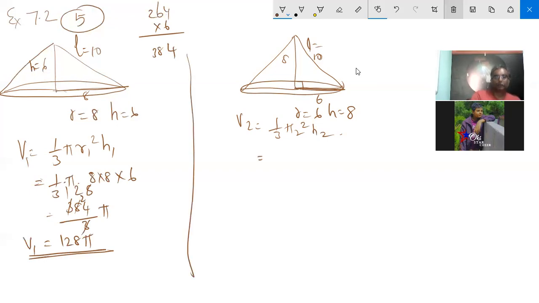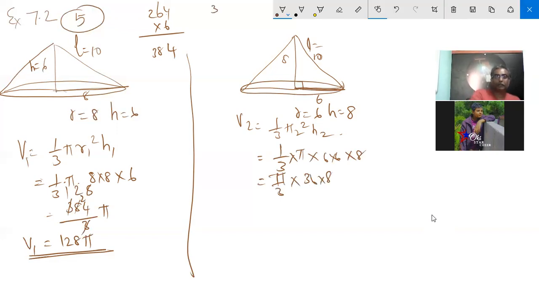Then here come to the second one. Here what is the volume? 1/3 into pi, retain pi, into R2 squared, which is 6 into 6. Height is 8. That is 1/3 pi into 36 into 8.